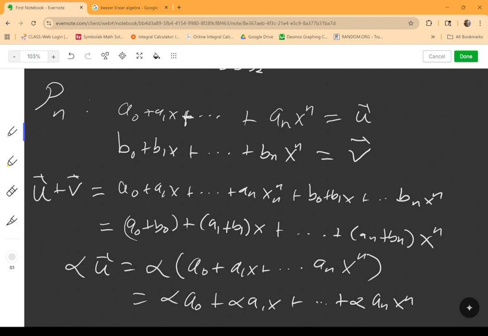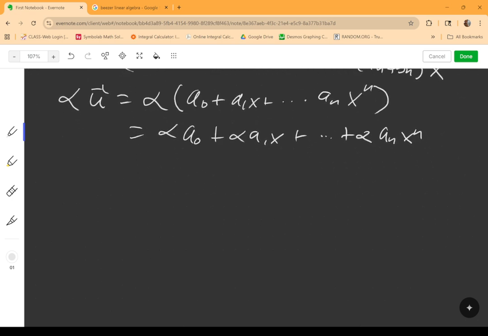So now we can see that the polynomials of degree at most n, P sub n, are also going to be a vector space.